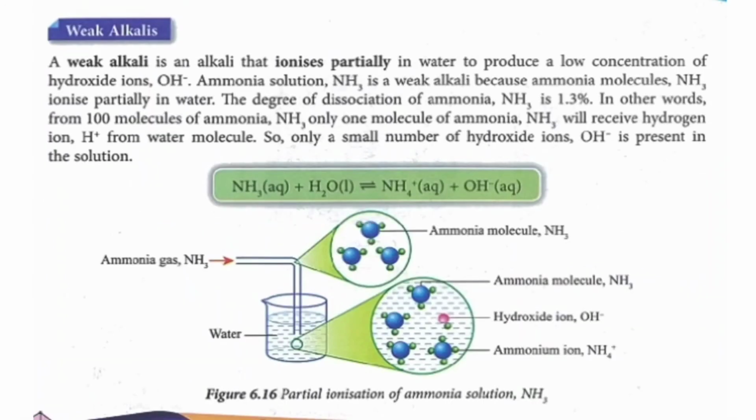But for a weak alkali, for example, ammonia solution NH3, when we add water, it dissolves in water and only ionizes partially. It will form ammonium ion NH4+ and hydroxide ion, but there is still ammonia that does not ionize completely in water. So this is a weak alkali.